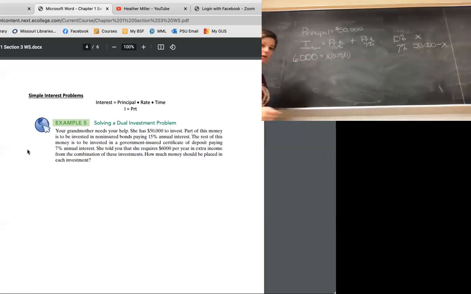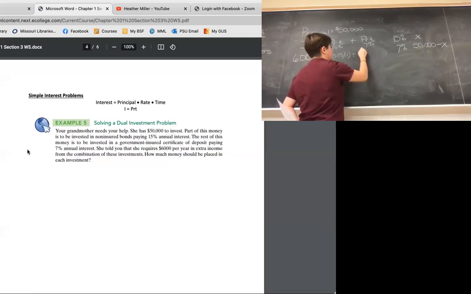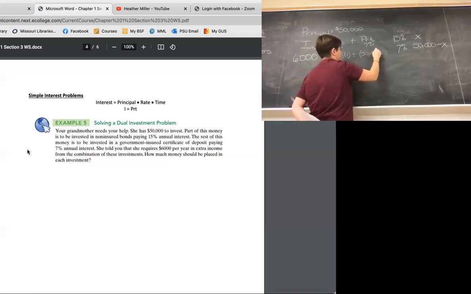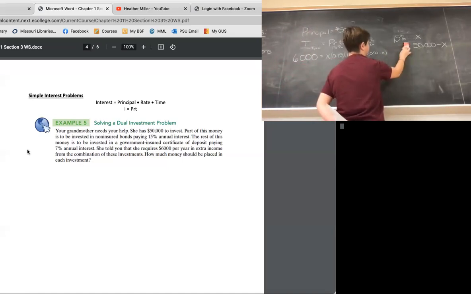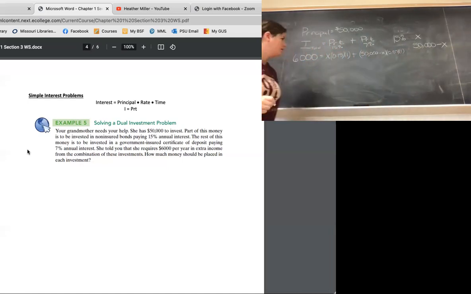We know it's 1 year because she needs to make that $6,000 every single year. Now let's go to the principal for our 7%, which we said was 50,000 minus X. Our rate is 0.07, and our time was still 1 year.